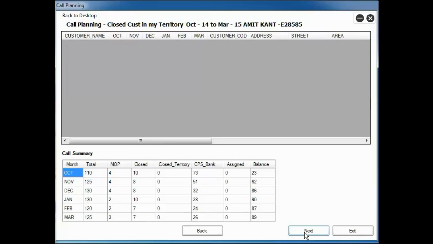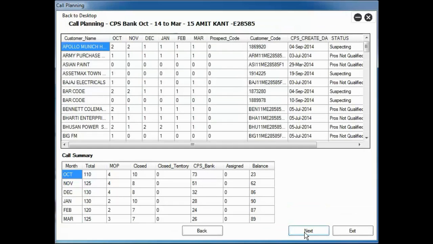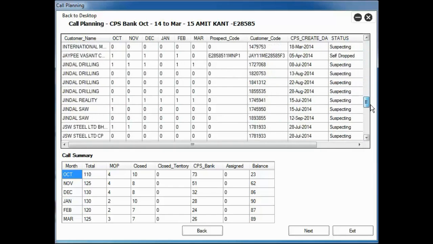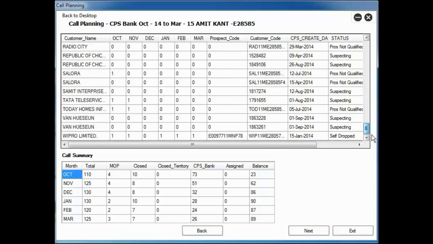Then we move on from closed customer in my territory to CPS Bank for the month of October to March, and as you can see here, the CPS Bank details are all mentioned here. You can keep looking at whether they were suspecting data that was prospect not qualified, or as we had seen earlier, the self-dropped cases were also there.